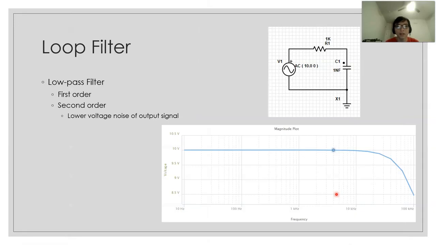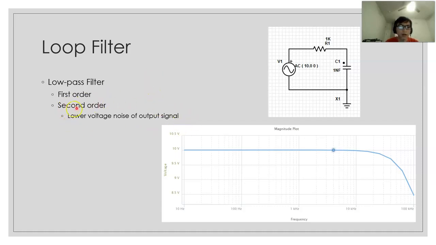The next block is the loop filter. Basically, the loop filters in a PLL are mostly low pass filters. First order and second order low pass filters are widely used because they are both passive filters with no active components, and they cost less power or area than an active filter.